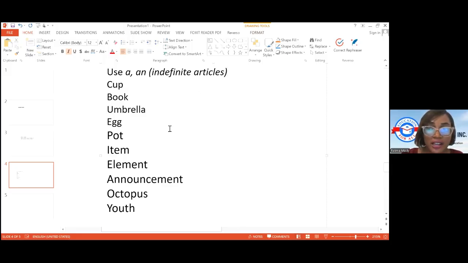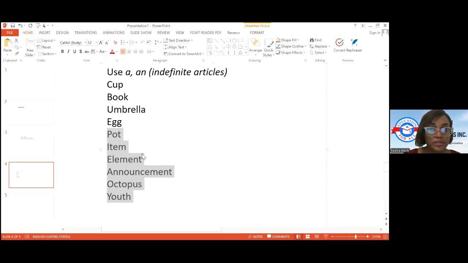So I want you to use a or an in front of these words: cup, book, umbrella, egg, pot, item, element, announcement, octopus, and youth. So what's it gonna be? A cup. Let me add another one.